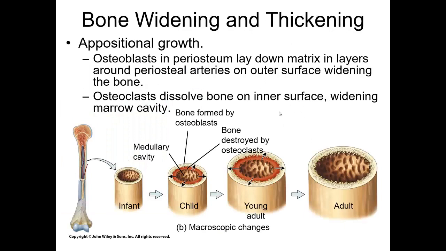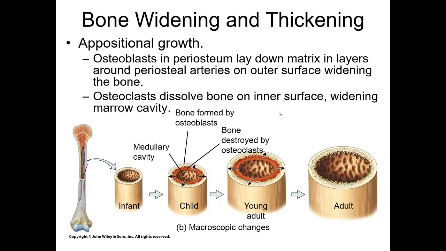The next concept that we're going to look at is bone widening and thickening, called appositional growth, or increase in bone width. Now this occurs when osteoblasts in the periosteum increase in number and lay down the matrix. So more matrix is put towards the outside layers and in the periosteum on the outer surface.